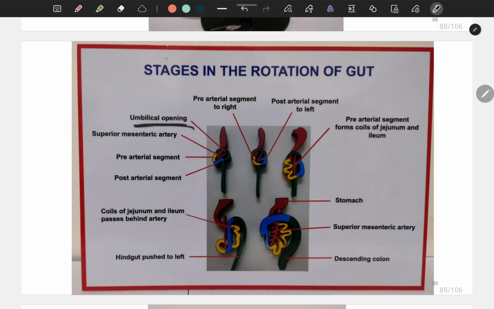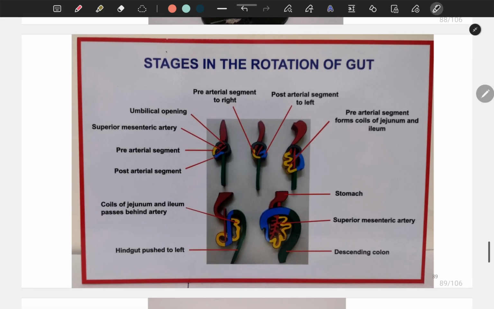Okay, this is umbilical opening. Now first rotation takes place. After the first rotation, that is 90-degree anti-clockwise, the pre-arterial segment comes to the right side, the post-arterial comes to the left side.